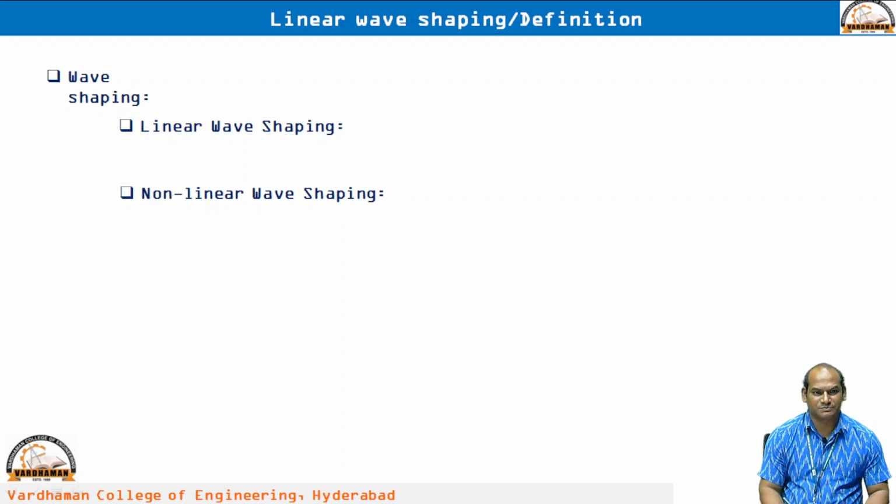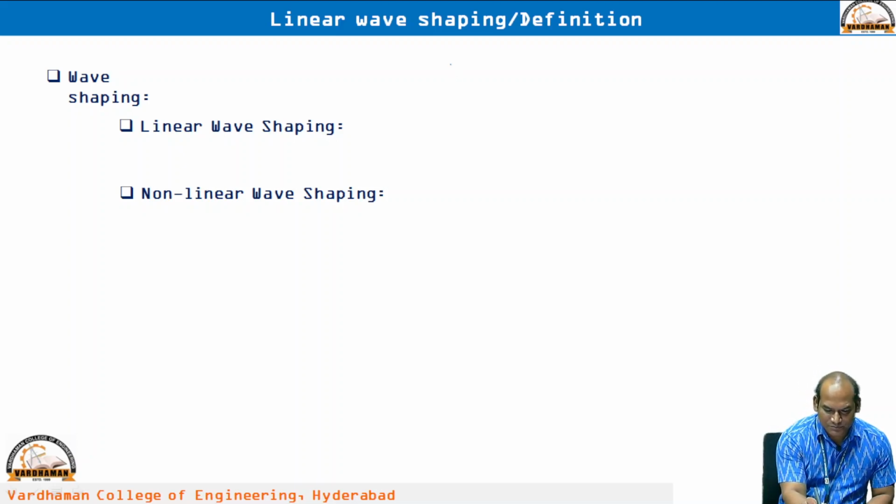Then you need to observe the input signal applied to the system, and the output signal coming from the system. When you observe them, if you have any change in the shape of the signals, then we can tell wave shaping has been done.